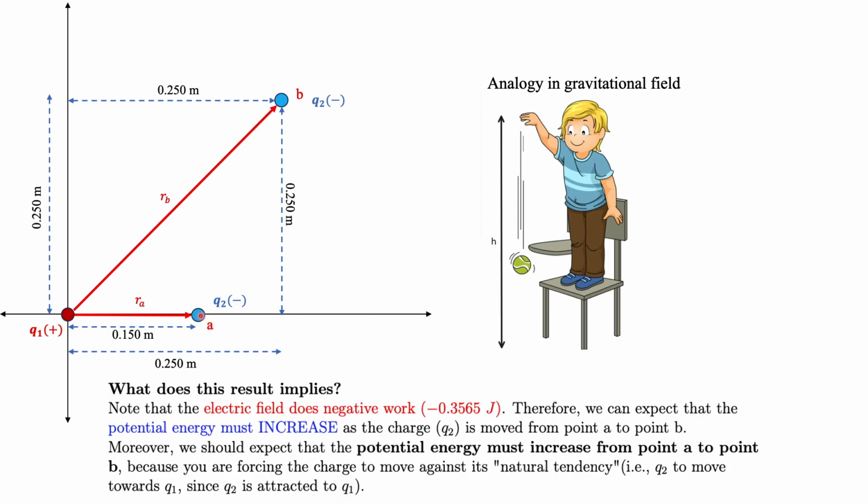And for this charge Q2, its normal tendency is actually to move towards the positive charge. However, since we are forcing it to move against its natural tendency, that can only be done when we increase its potential energy. And I'm hoping that this clarifies our discussion in class.